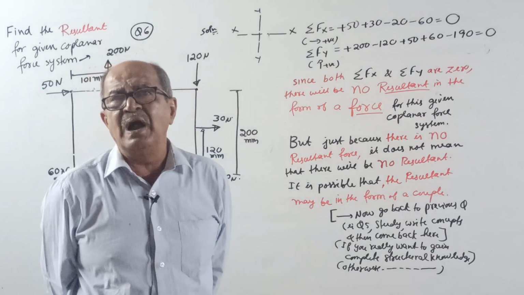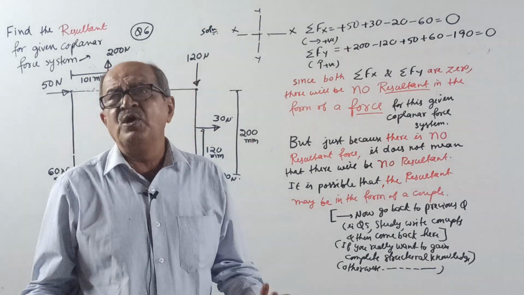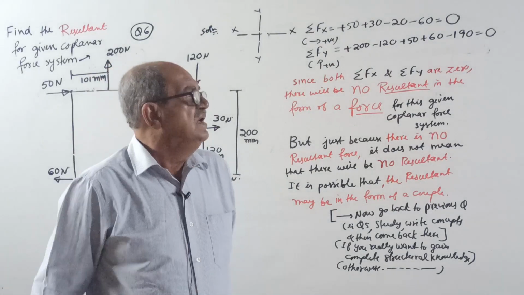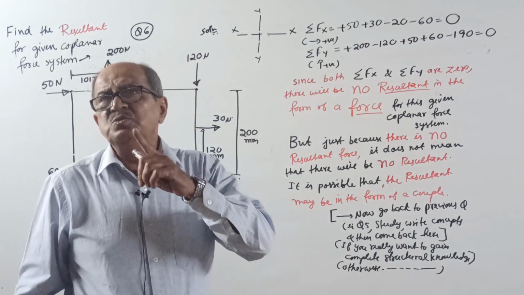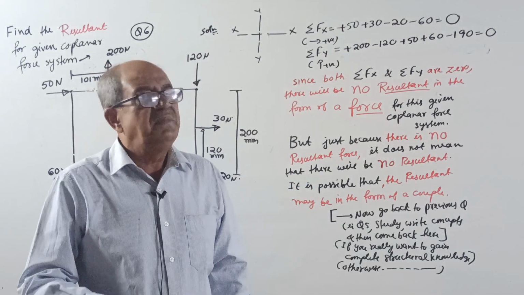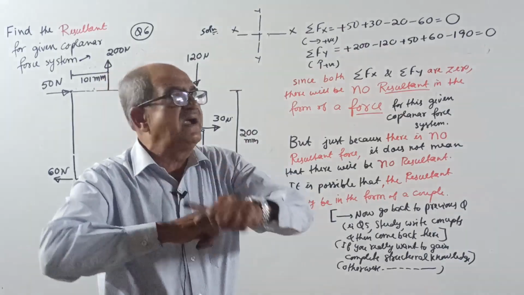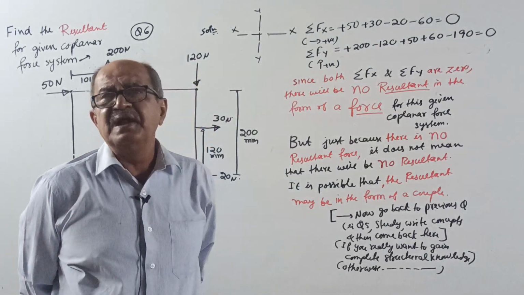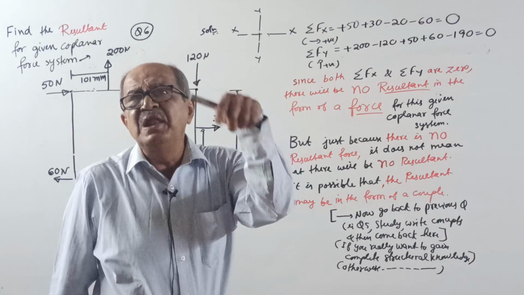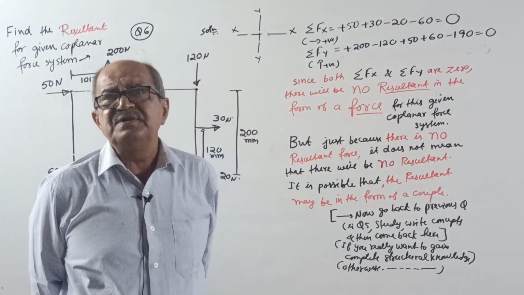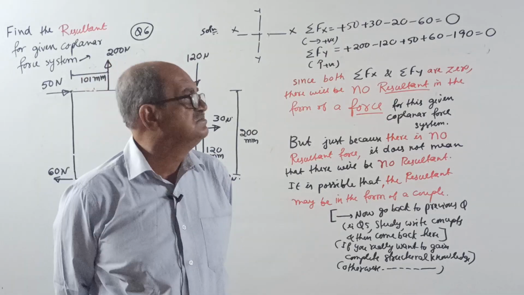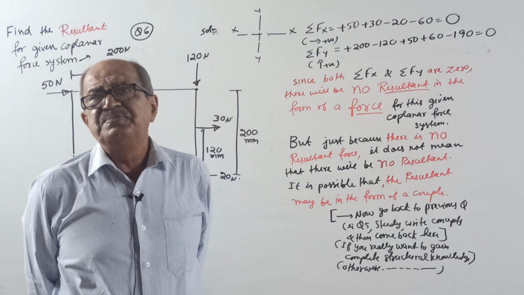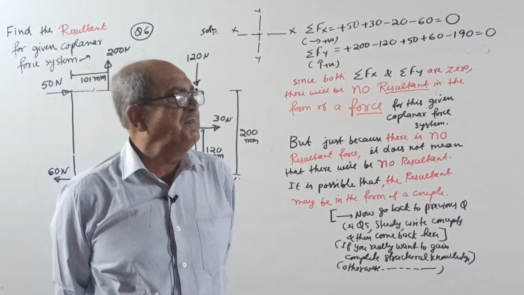But sometimes sigma Fx and sigma Fy both will be 0. Suddenly the mind feels the resultant force is not there. No. The effect of the force system on the body: there is no translational effect, but there can be rotational effect. So if the resultant force vanishes, then only go and check whether the resultant exists in the form of a couple.